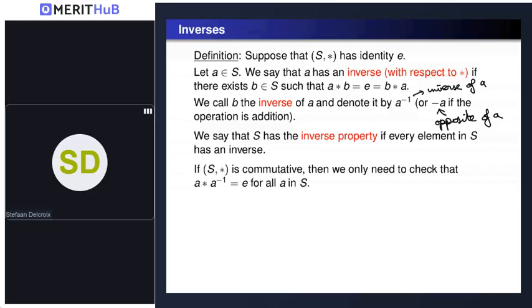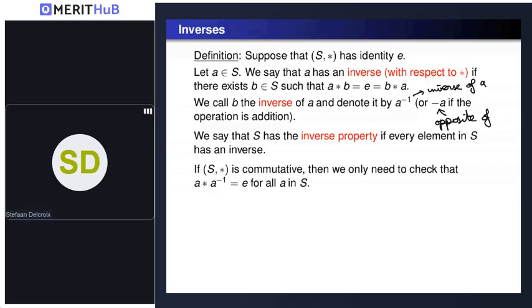Okay? So one element may have an inverse while another element does not have an inverse. We say that S has the inverse property if every element in S has an inverse. And if S under operation star is commutative, you only need to check one side, of course.